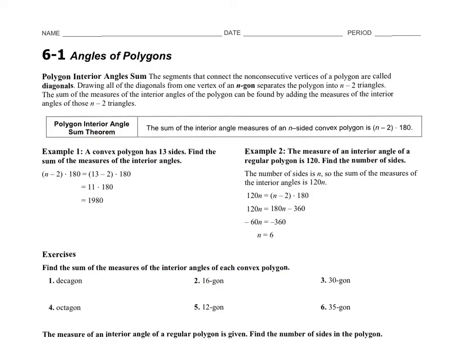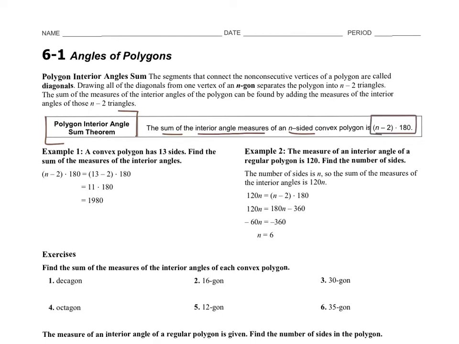And so that is basically what our polygon interior angle sum theorem says. That the sum of the interior angle measures for an n-sided polygon is going to be n minus 2 times 180.